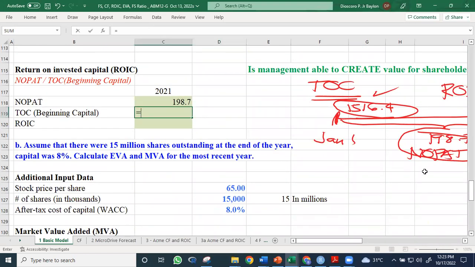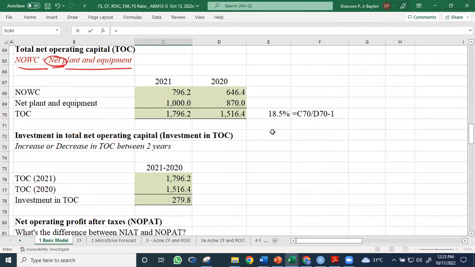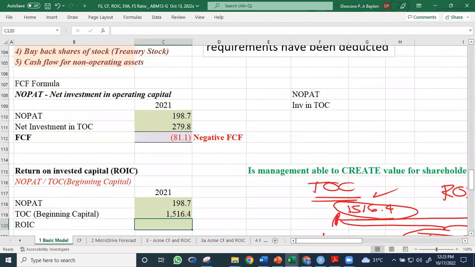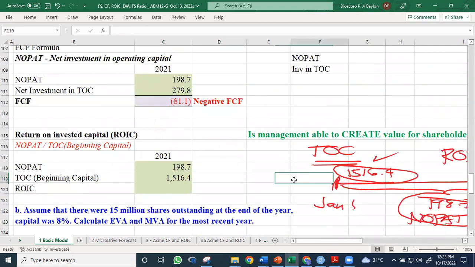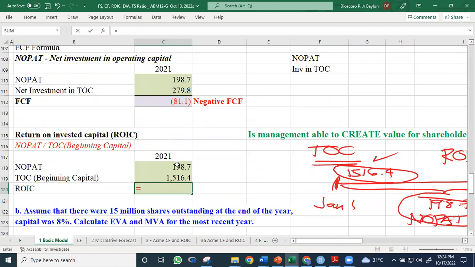TOC beginning capital is 1516.4. All right. Therefore, our return on invested capital is equal to 198.7 million divided by 1516 million. Yan. It's 13.10.